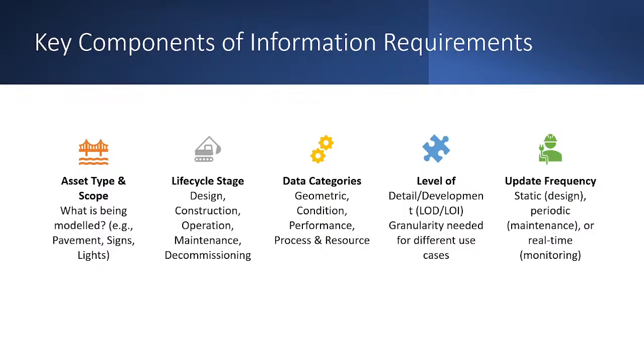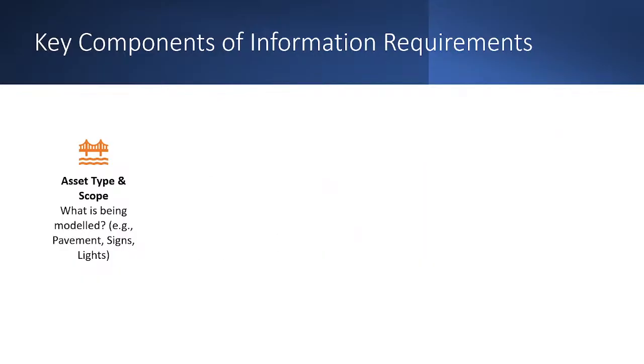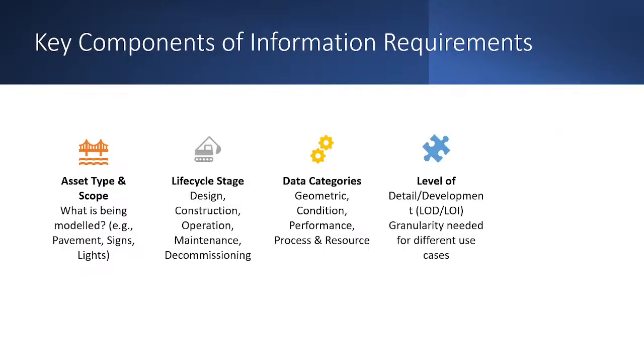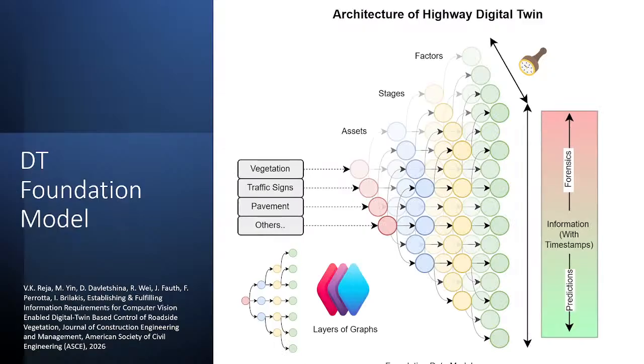I particularly focused on the maintenance part. Data categories could be geometric, condition-based, performance, etc. There can be multiple levels of detail or granularity involved, and also the update frequency, how frequently we want to monitor this.